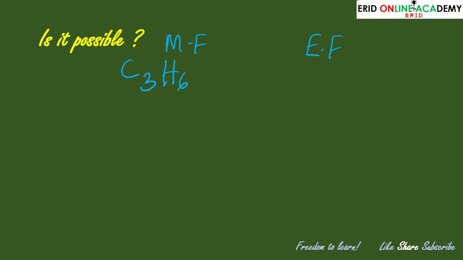The simplest ratio for this molecule is 3/3 for carbon and 6/3 for hydrogen, and so we get 1:2.